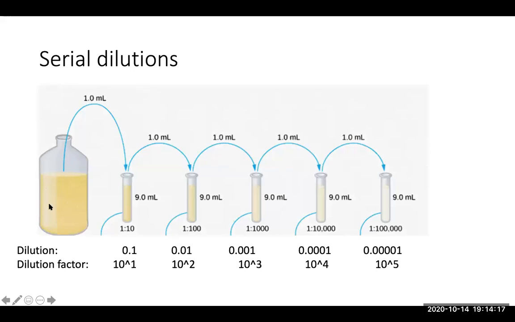So if you have some stock solution and it's concentrated, but you don't know how concentrated, you want to make sure that you'll have at least one plate that's within the countable range of colonies. That means colonies that are not touching other colonies that you can easily count. Typically we would say the countable range is under 100, although some people cap higher, like 200.